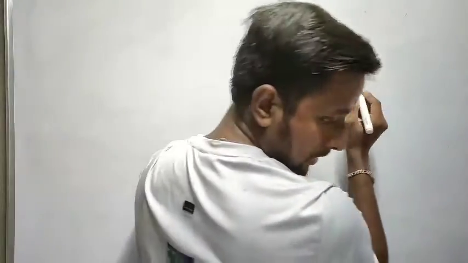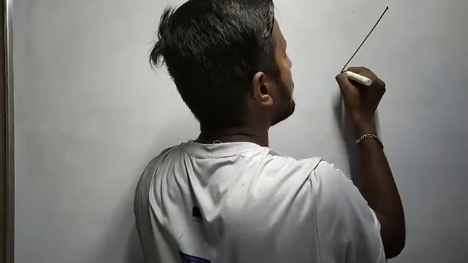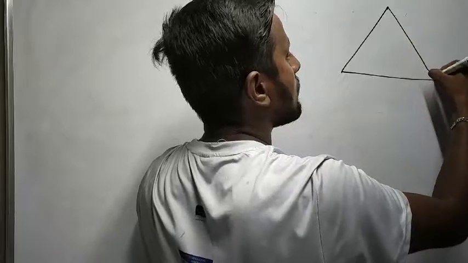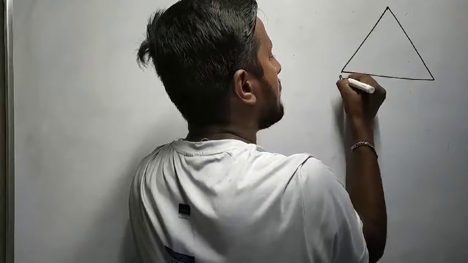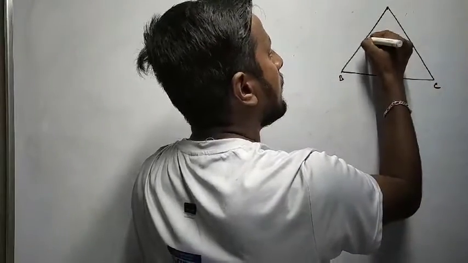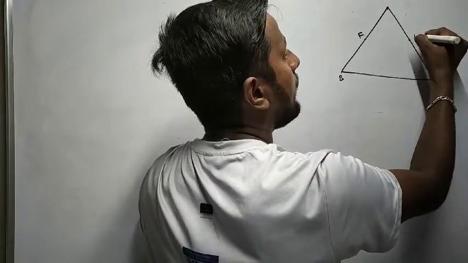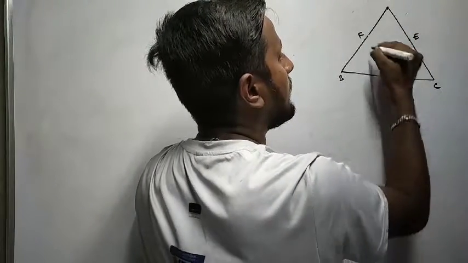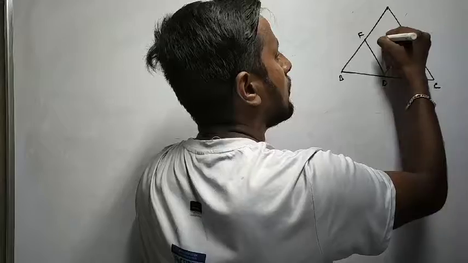The first problem is about D, E, F, the midpoints of BC, CA, AB. Here A, B, C, here F, here E, here D. These are the midpoints.